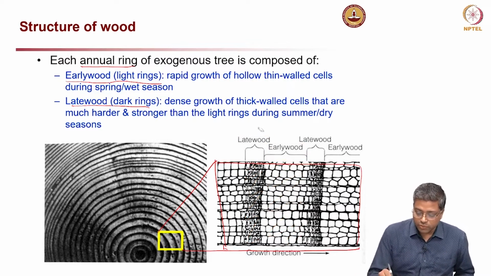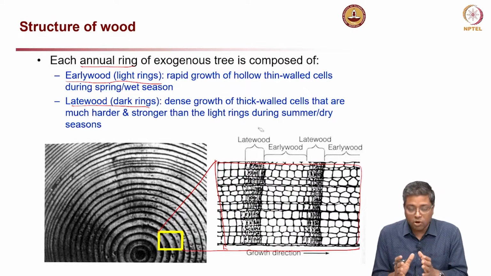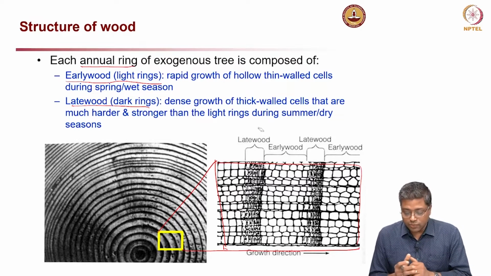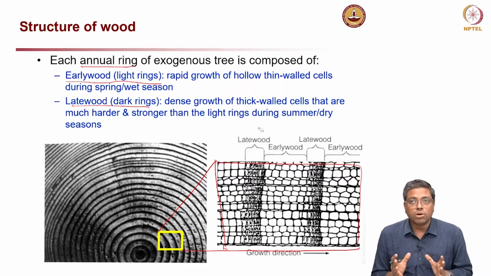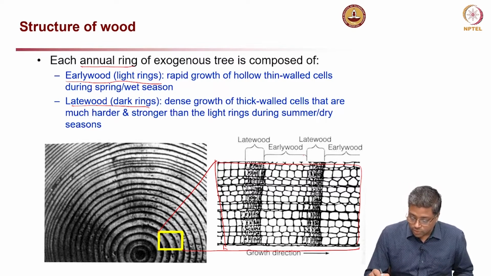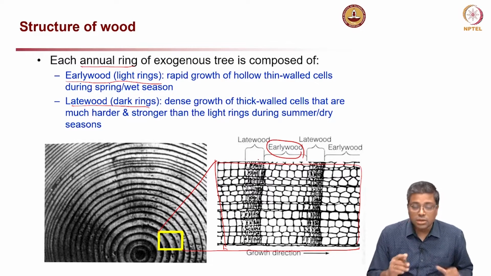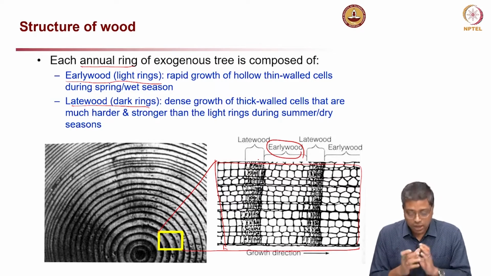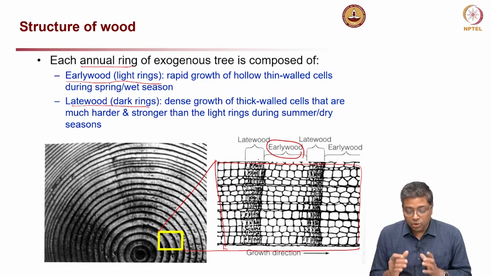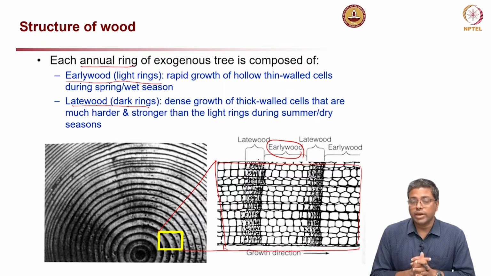So, there are two types when you form the ring. Now look at why there is late wood and early wood. Early wood is a rapid growth of hollow thin walled cells. You can see in this region you have larger cell walls, they are hollow and they grow rapidly during the spring or wet season.